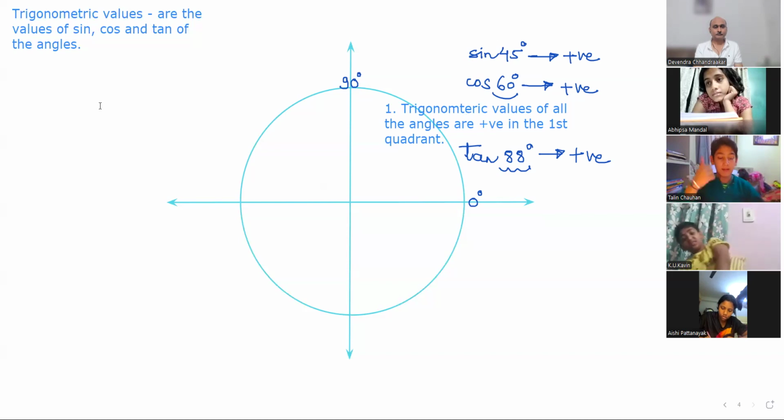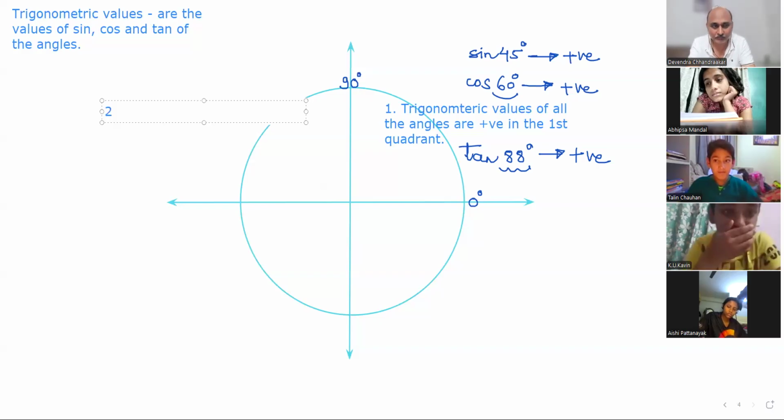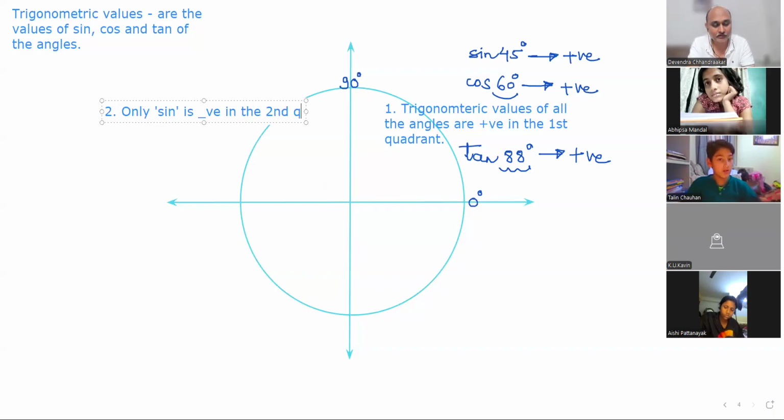So in the second quadrant, just pay attention. I'll give you the explanation in later classes for why this happens. In this case, of all the trigonometric values, only sine is positive in the second quadrant.